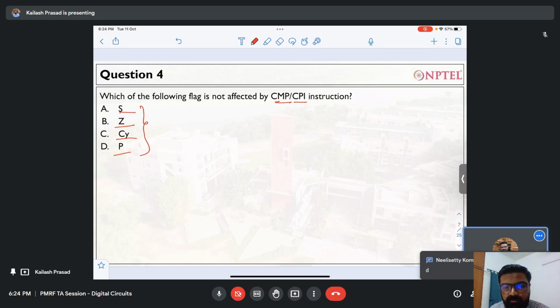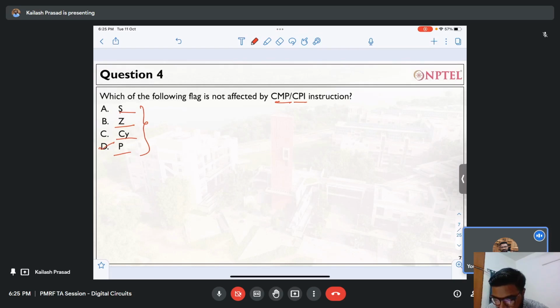D. Neely said D. Two people are saying it is D. What about others? Khalil is saying C. The answer is actually D. Only the parity flag is not updated by the compare or CPI instruction.